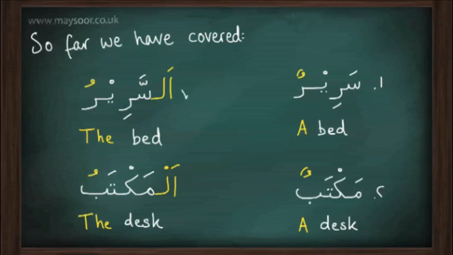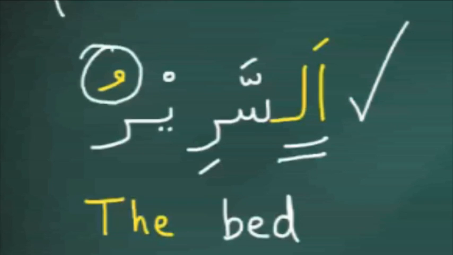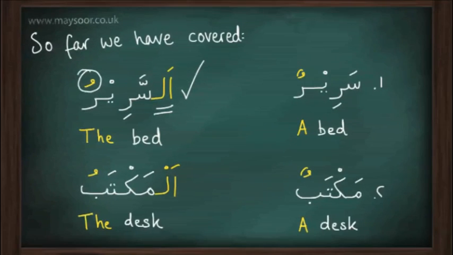We can see in this example that once alif and lam has been added to the noun, it then loses the tanween, leaving only one dhamma remaining. The noun is also referred to being ma'rifa, definite.